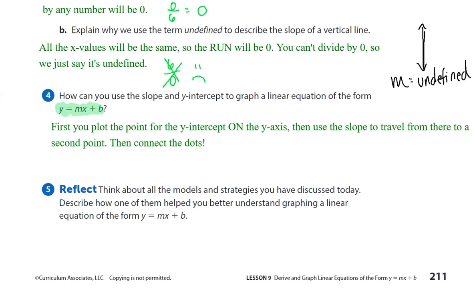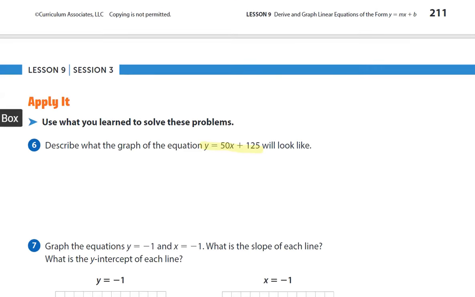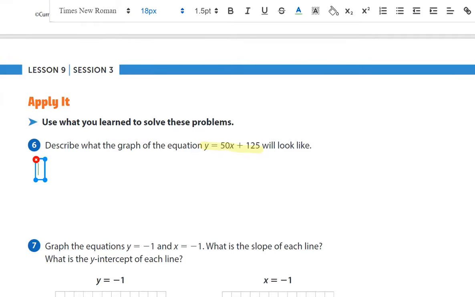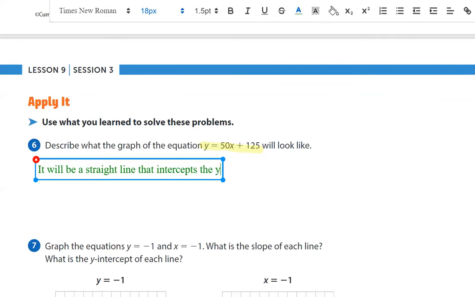Let's see. How do we want to describe it? We have to think about how to make it comprehensible. Well, the graph is going to be a line. It will be a straight line that intercepts the y-axis at 125.